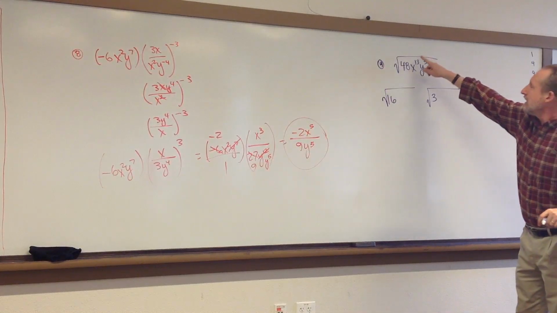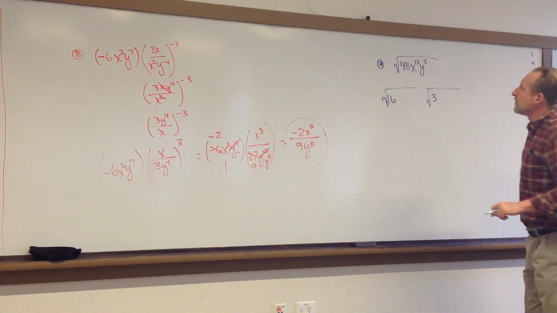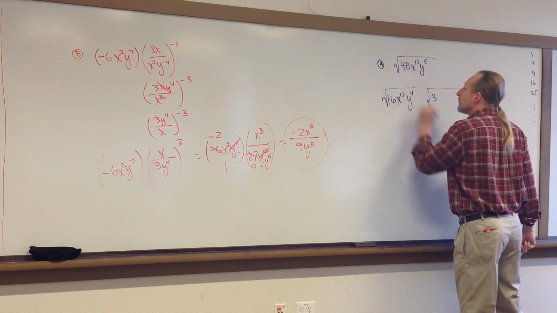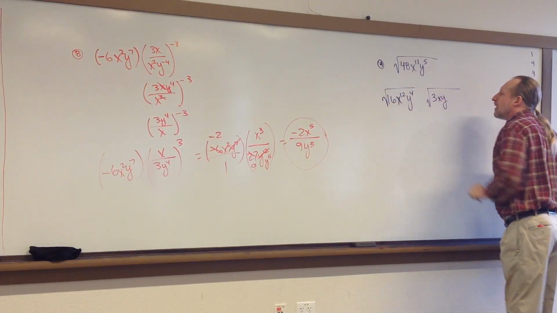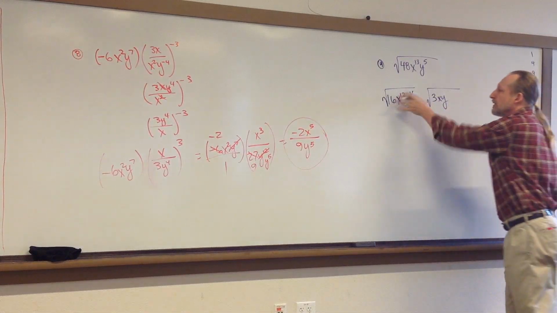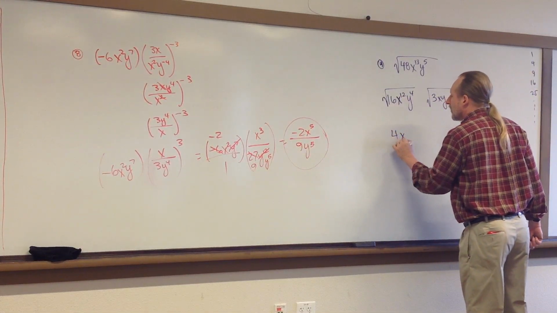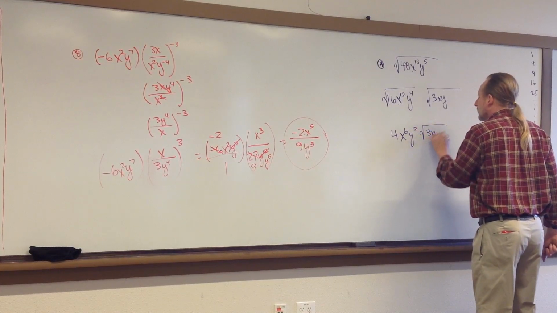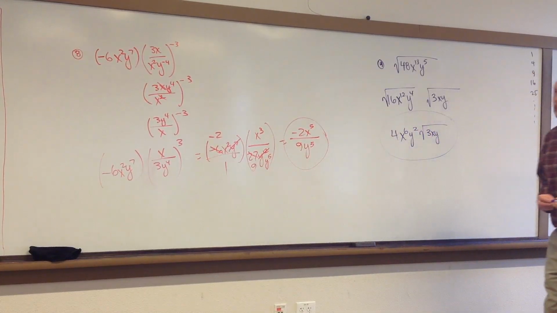So remember, any variable raised to an even numbered exponent is a perfect square. We'll have one of each left over. Now we can square root this. This will be 4x to the 6th y squared, and left inside the square root there is 3xy.